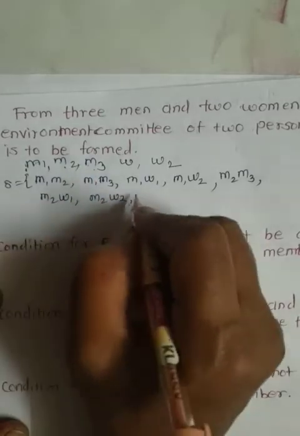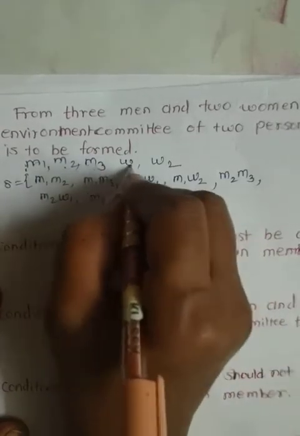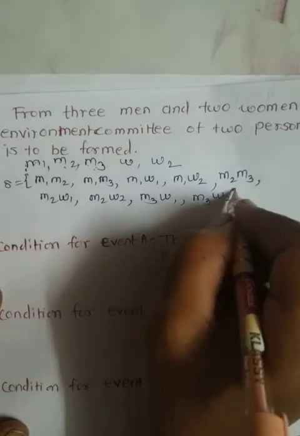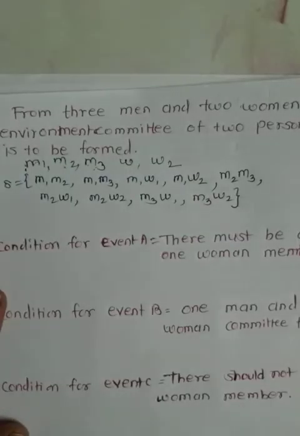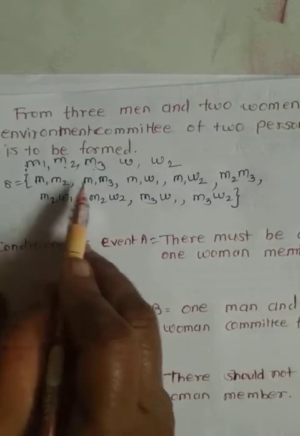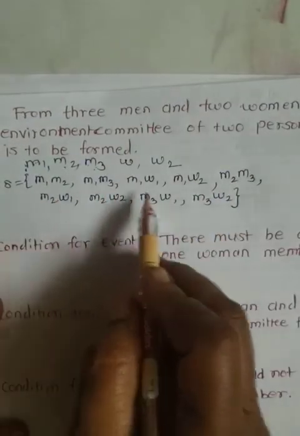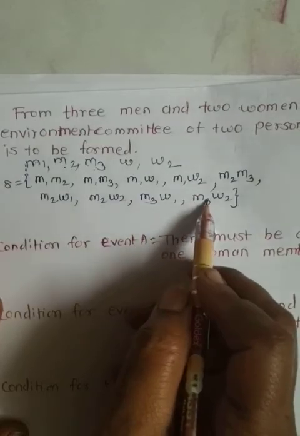Now start from M3, we obtain M3 W1 and M3 W2. Means in this way, how many committees are possible? 1, 2, 3, 4, 5, 6, 7, 8, 9.